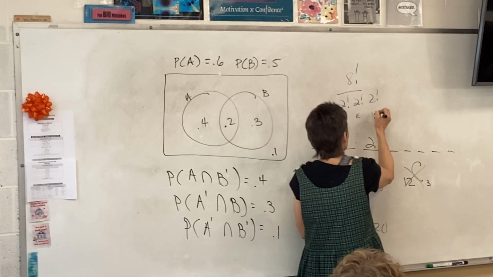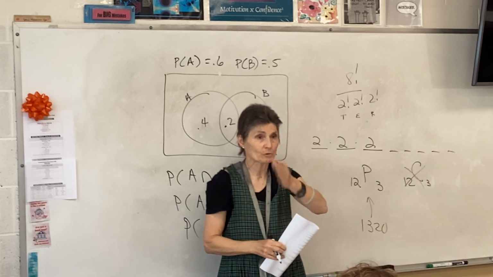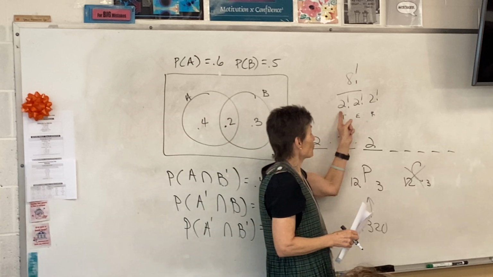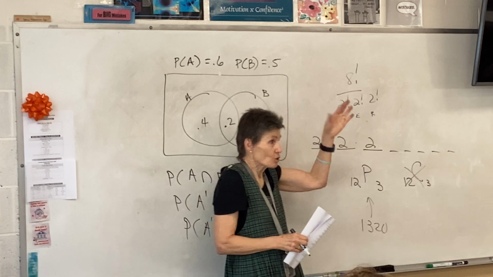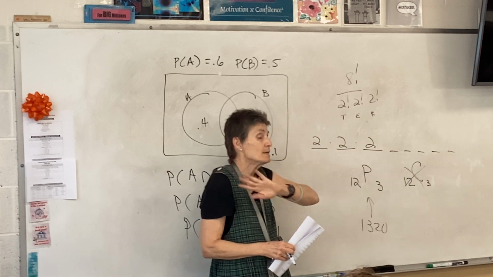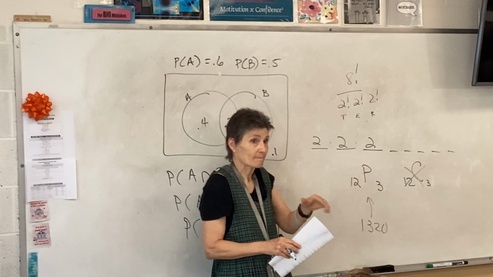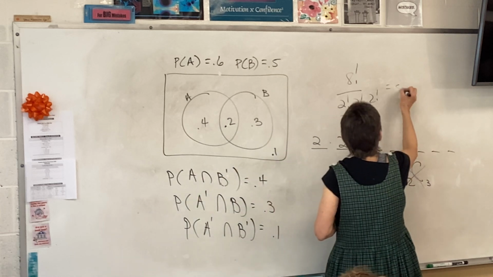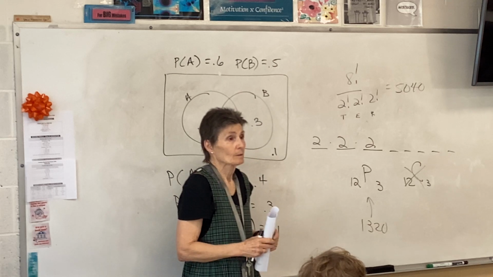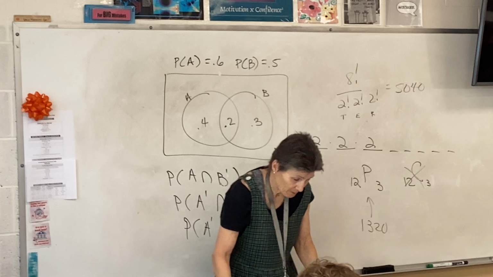Now I do those individually, so it's 2 factorial, 2 factorial, 2 factorial. And those are all divisions. So it's 8 factorial divided by 2 factorial, divided by 2 factorial, divided by 2 factorial. See if you get 5,040. I think that's the answer. Okay, remember that? All right, I'm going to stop there. We'll pick up here tomorrow.